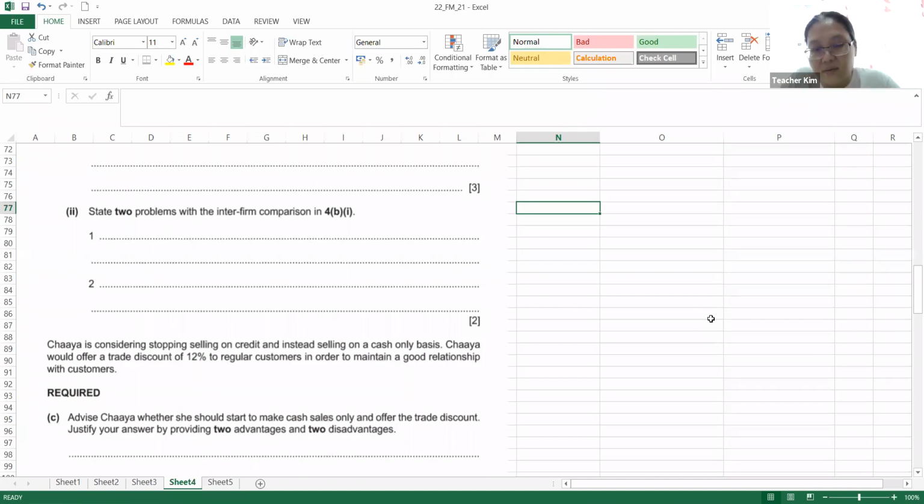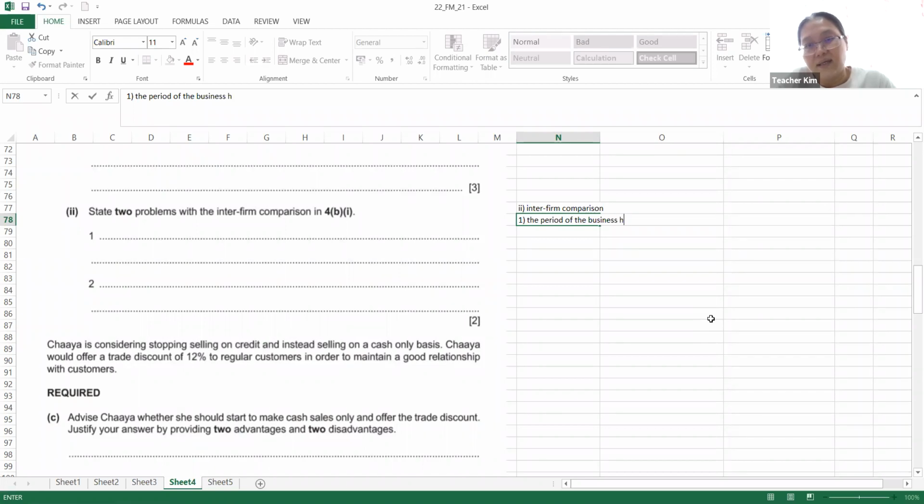But how long the business has been established is important. So here I didn't talk about the location because they are main competitors. So I talk about the establishment, the period the business has been established in the market.